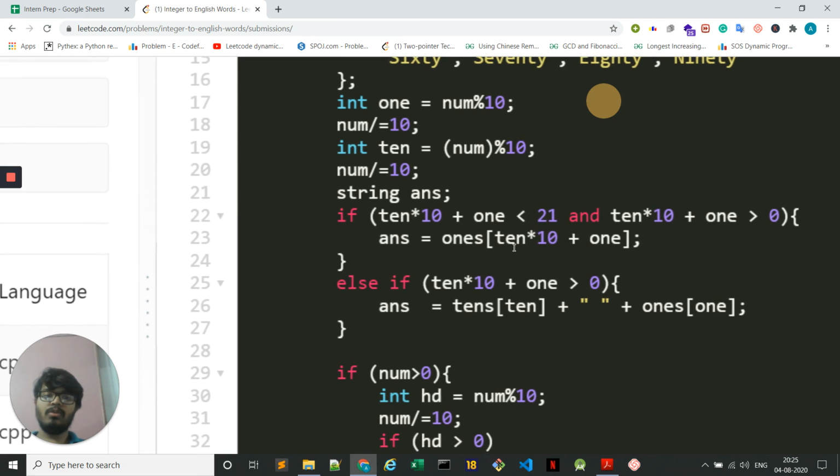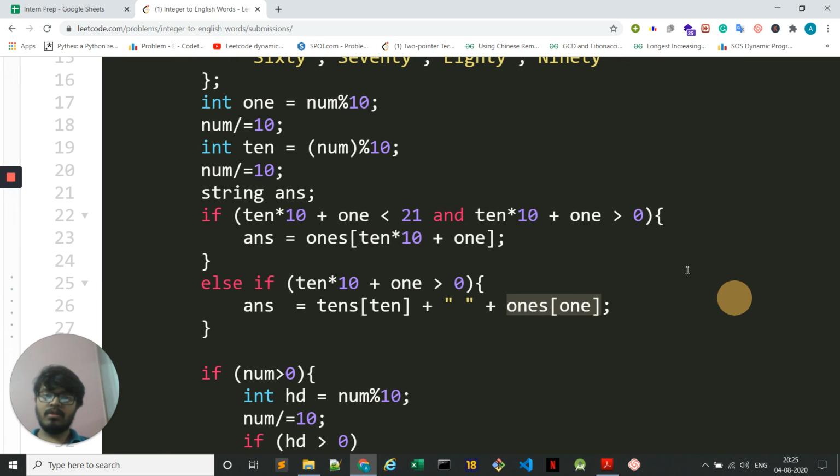But what I will do is every time I will create an extra spacing because of this. Why? Because if I am not writing anything over here, that means the incoming space, I need to modify my code.